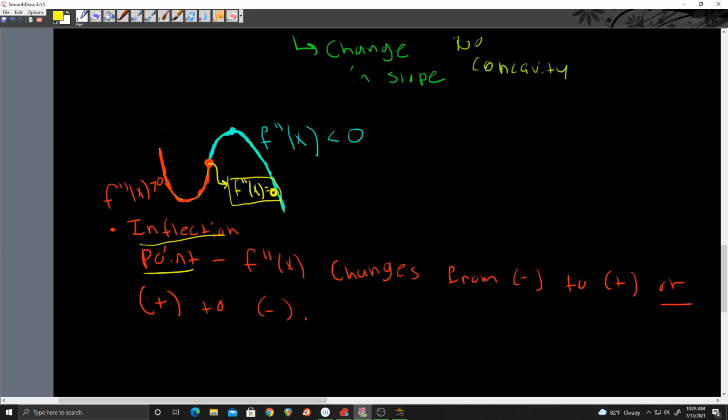Another thing, one last thing, and then we're going to wrap this video up, and then we'll do the example in another video. So right here, check this out. Look at this maximum. Clearly, we know by now that the first derivative at this maximum has to be zero.